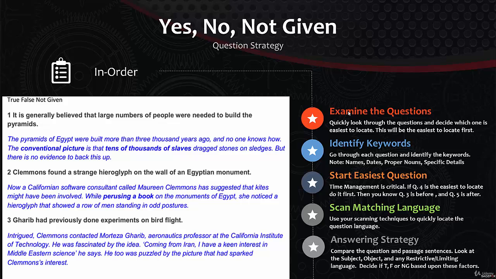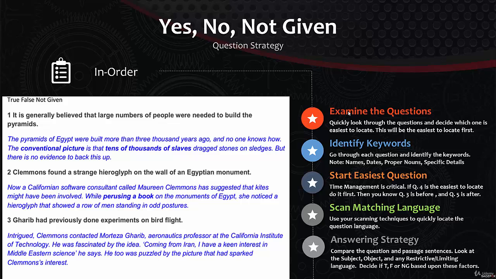And then when you look at the matching sentence, it says the conventional picture, that's the synonym for what? Generally believed, is that tens of thousands of slaves drag stones on sledges. Large numbers of people, tens of thousands, that's a match. So now we have a match, and therefore this answer would be true.